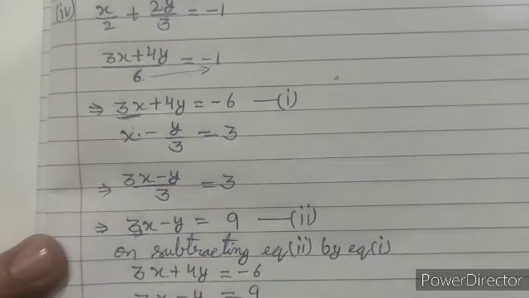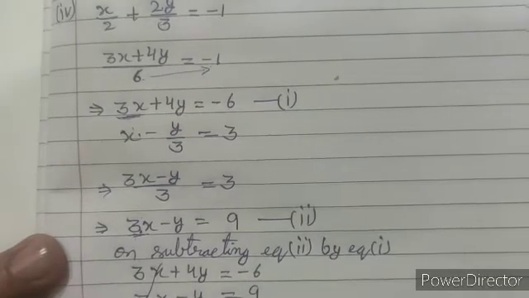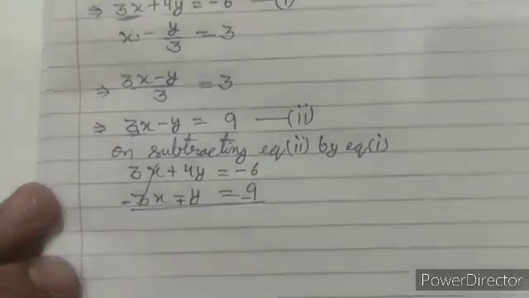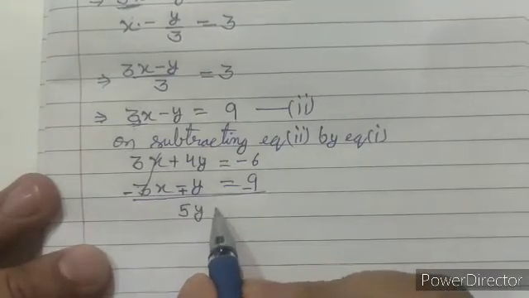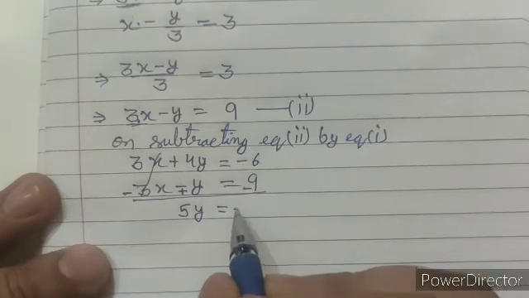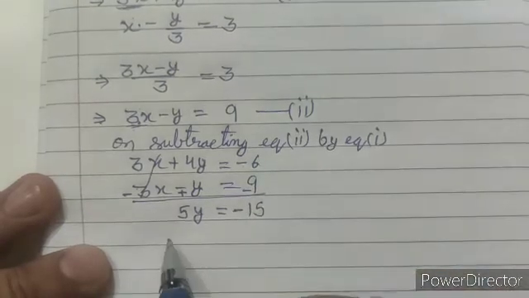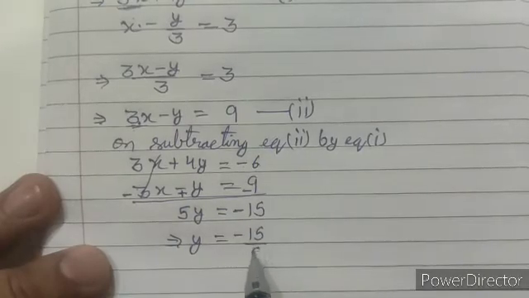Now the positive will become negative, plus and minus. 3x minus 3x will cancel out, plus 4y plus y will give us 5y, and that equal to minus 6 minus 9, which will be equal to minus 15. So that will give us y equal to minus 15 by 5, that equal to minus 3.